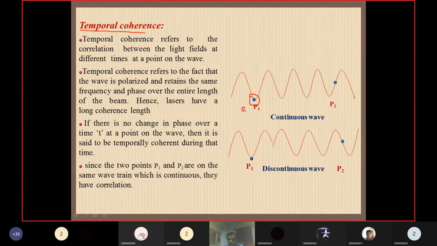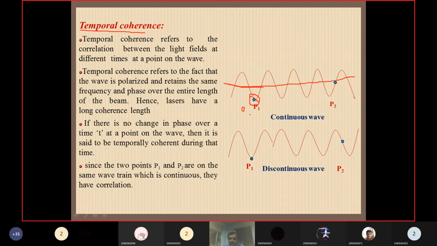How to calculate the phase difference: this is the mean position, light is traveling in this direction, and from that direction, how much angle it makes. At point p1, it makes an angle like this. So this is the phase here.